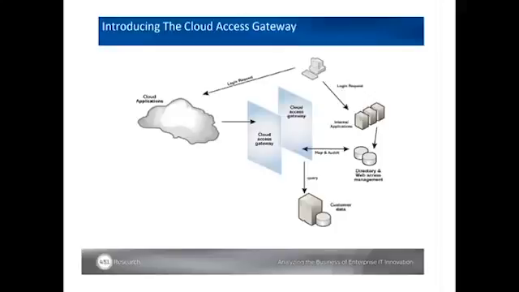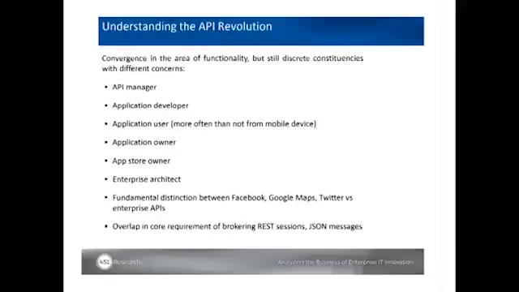Here, again, we want to call out OAuth as a critical building block in injecting a policy enforcement overlay onto API sessions. But even as these markets converge and we see this notion of a cloud access gateway being solidified, there are a few challenges specific to API management and API access management that present themselves, and that are incremental to the way that Web 2.0 APIs like Facebook or Google Maps have been managed in the past.